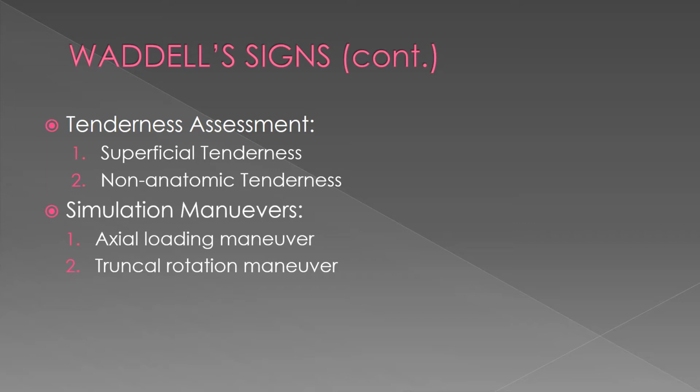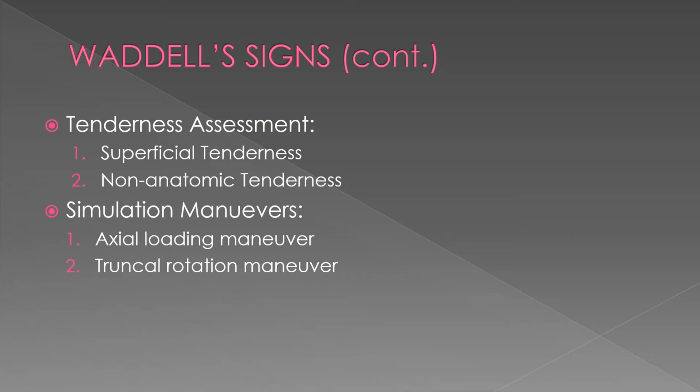Now, similarly, the truncal rotation maneuver is a maneuver where the examinee is standing with their arms to their side, and the examiner approaches the examinee either from the front or the back and grabs the examinee's arms just above the wrists. And the examiner applies axial traction in a caudal direction down the axis of the arms, and simultaneously applies rotation to the trunk, using the arms as levers.